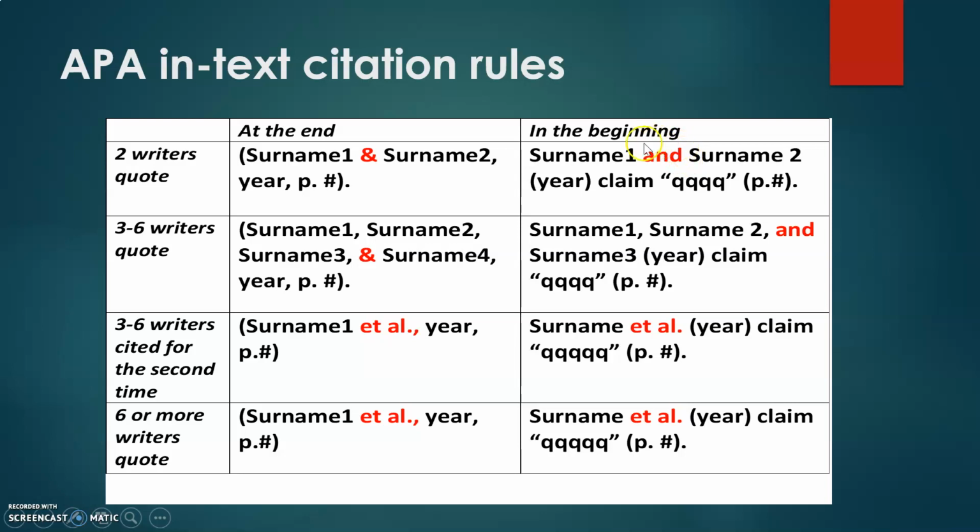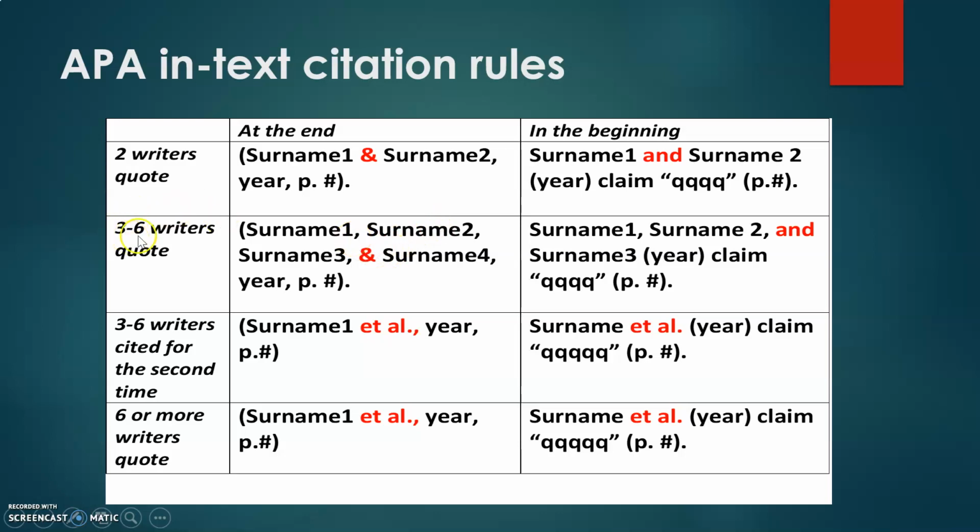If this is the case, you don't use ampersand, you use the word and. The rule is very simple. In the text, only in parentheses we use ampersand. Outside the parentheses, we always use and. Remember, we use ampersand on the reference page as well.